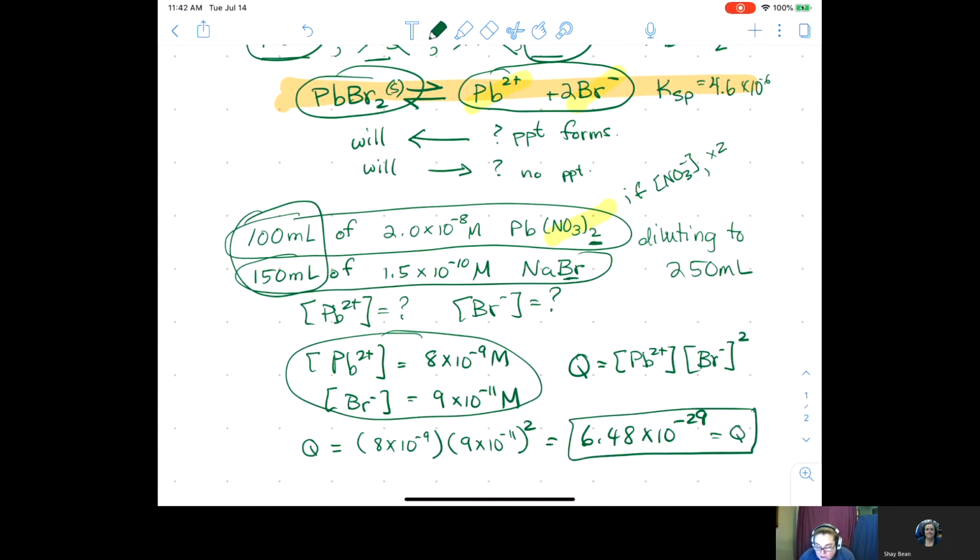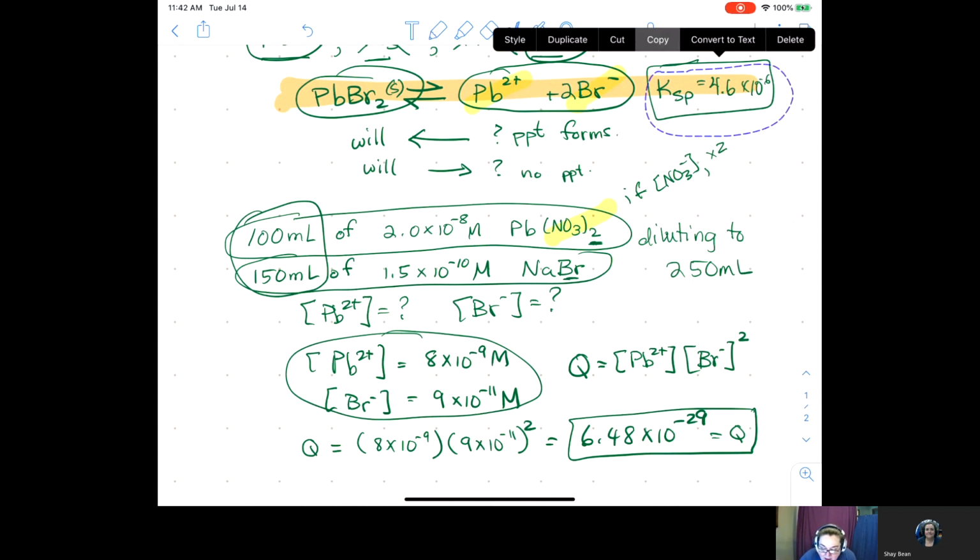In order to answer the question, will a precipitate form, I'm going to compare it to my K value.